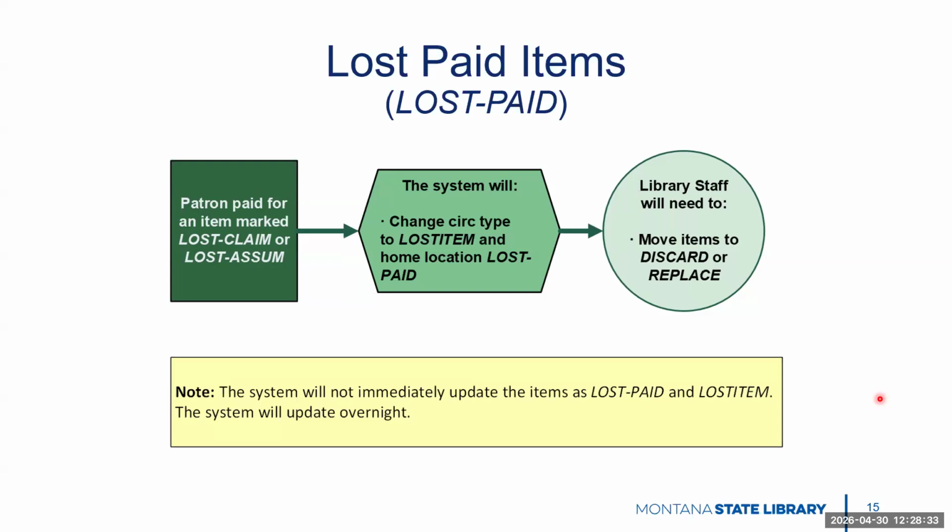And then the item's just going to sit there until staff manually handle it, whether they decide to move it to replace or move it to discard. It's just going to sit there indefinitely. So we really recommend keeping an eye on that lost paid report in Blue Cloud Analytics to identify those items.